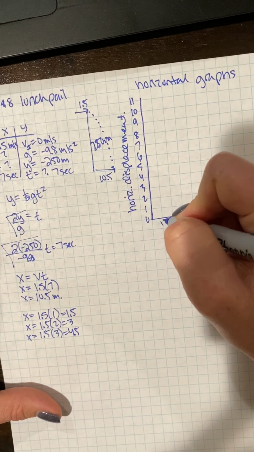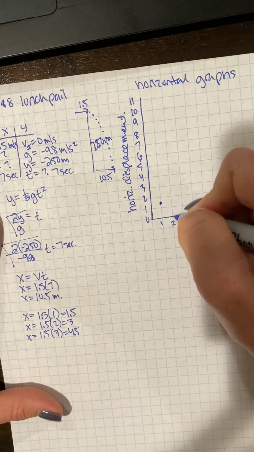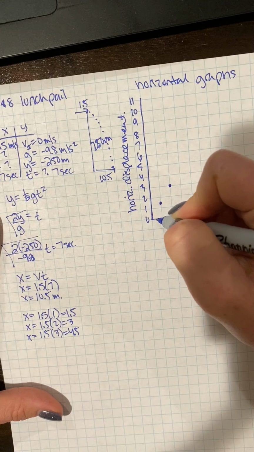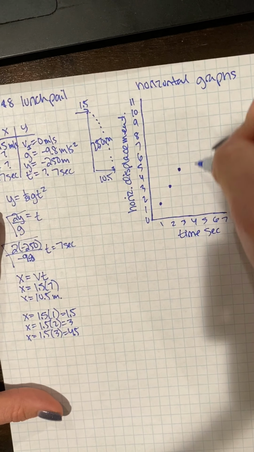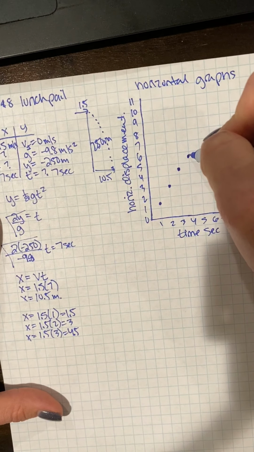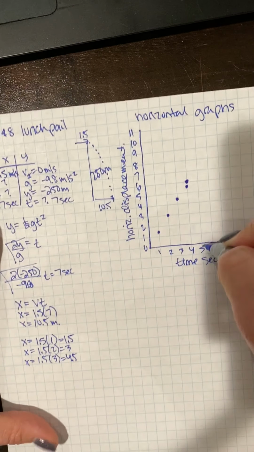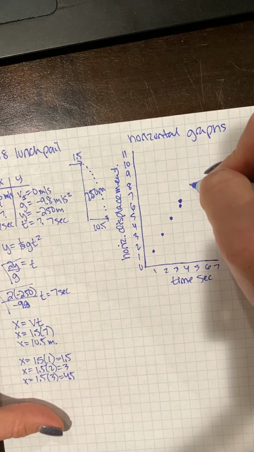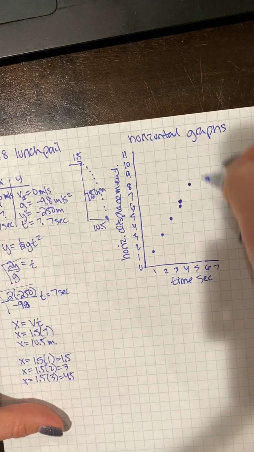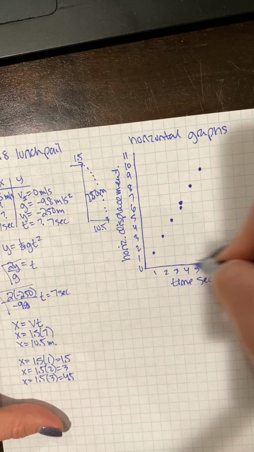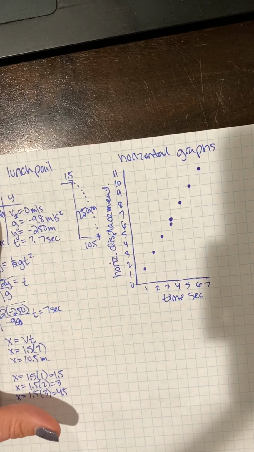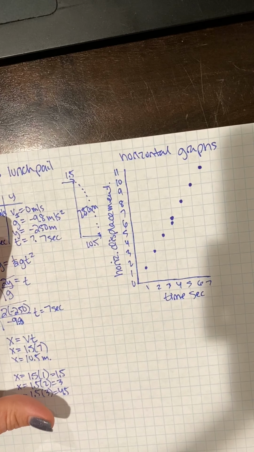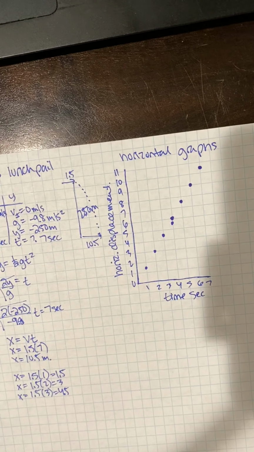So I'm going to go over 1, up 1.5, over 2, up 3, over 3, up 4.5, over 4, up 6, over 5, 7.5, 6, 9, 7 should be 10.5. There we go. So my line, I need a straight edge.